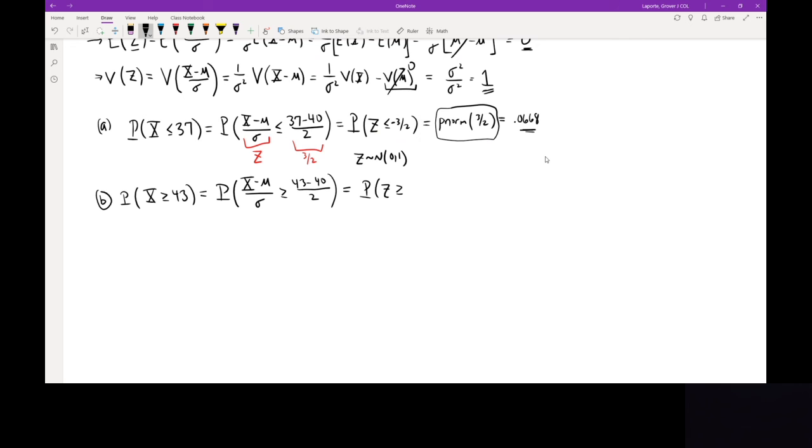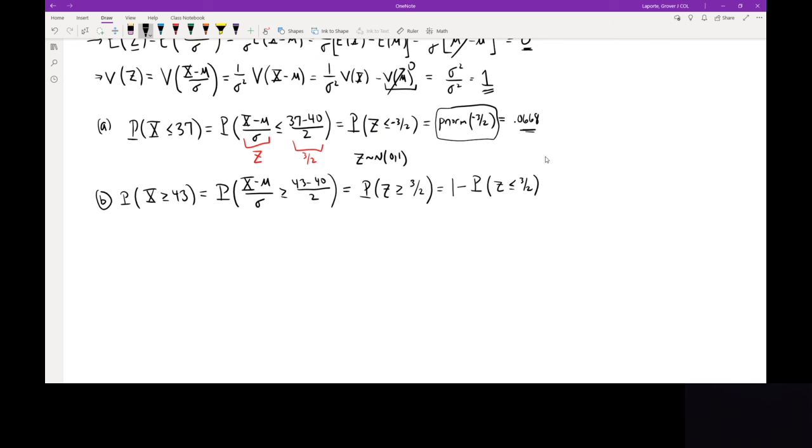Oh, I forgot, this is a minus. That should have been a minus, because it's on the left-hand side, and 37 minus 40 is -3. This one would be +3 divided by 2. And that is going to be equal to 1 minus the probability that Z is less than or equal to 3/2.